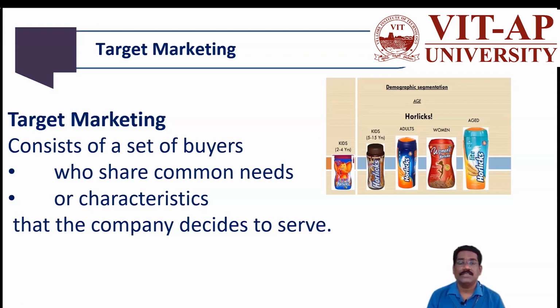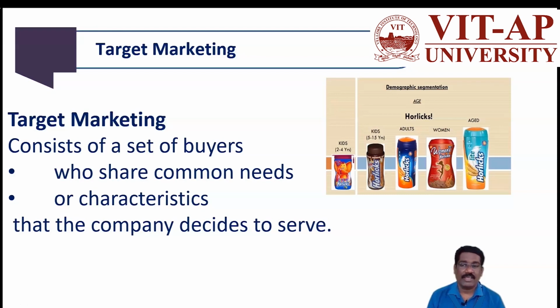That we call target marketing. Basically here the company chooses the specific segment which is very profitable and suits the requirement of the organization's marketing strategy, and accordingly they choose that specific segment and try to serve the segment very profitably.